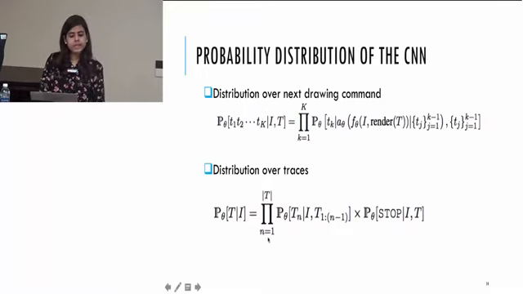So if initially n is 1, you have an original image and the rendered image is nothing, it's T0. And then you produce the first command. The last command has to be a stop command, and that defines that the trace set is now finished and it's now representing the original image. This is taken from this part, the P theta token given IT.